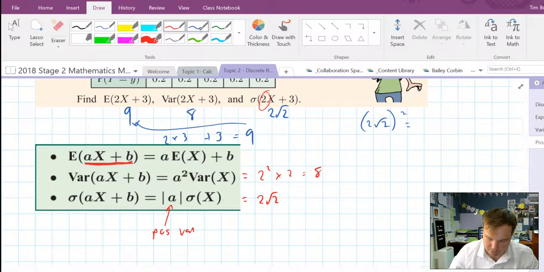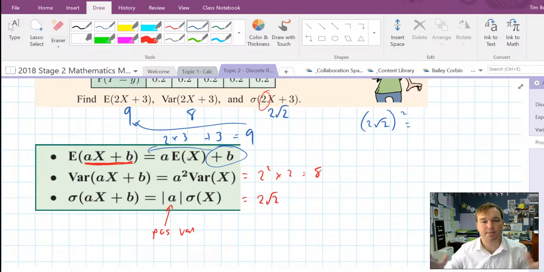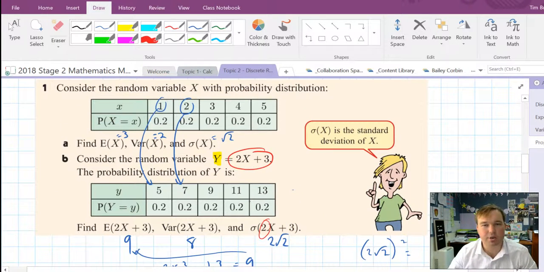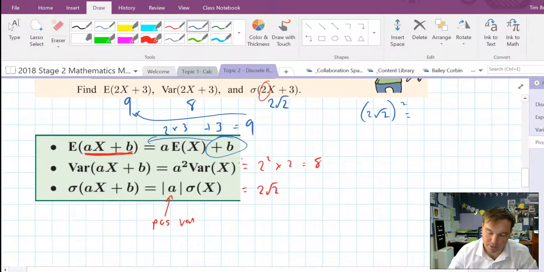Alright, a few things to notice. Firstly, b changes where the expected value will be, or where the middle will be. But note b on the end doesn't increase the spread of the data. So by adding 3 to each data point, wouldn't increase how spread out they are. Which is why adding 3 to them, or the b part, doesn't play any part in the variation or the standard deviation.